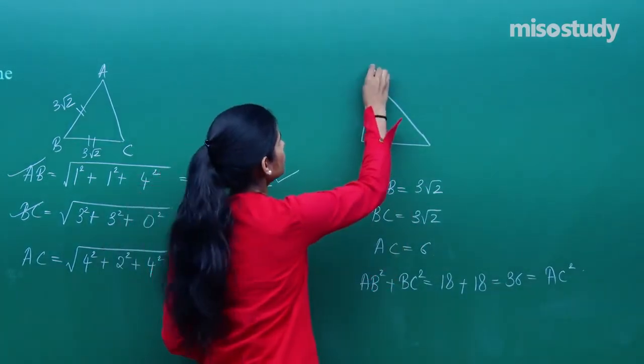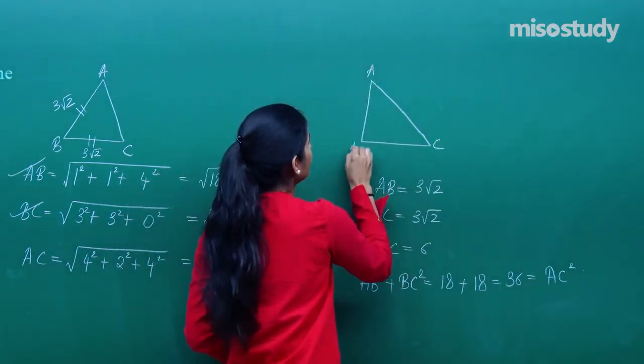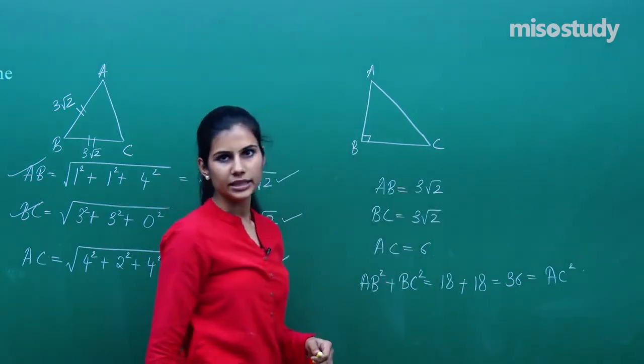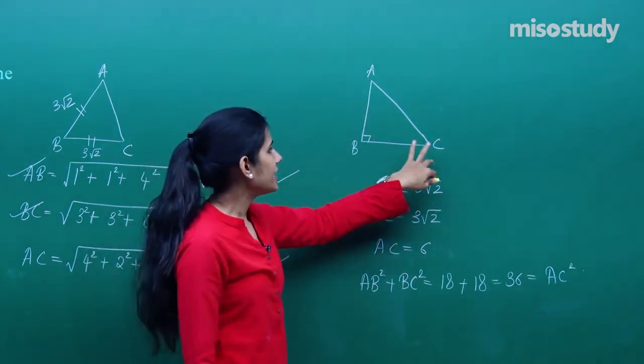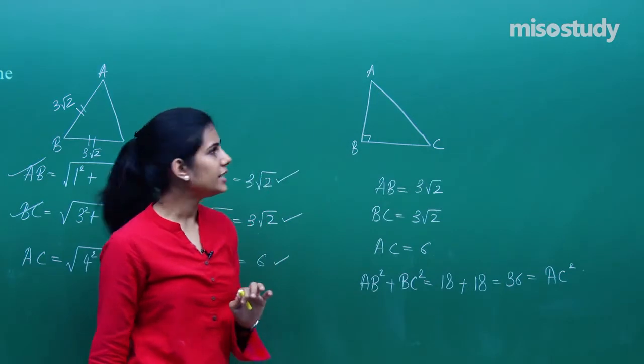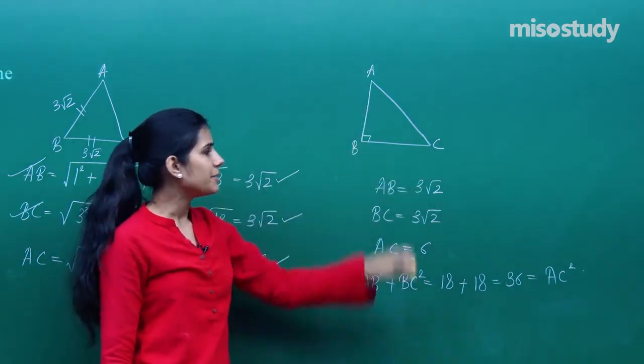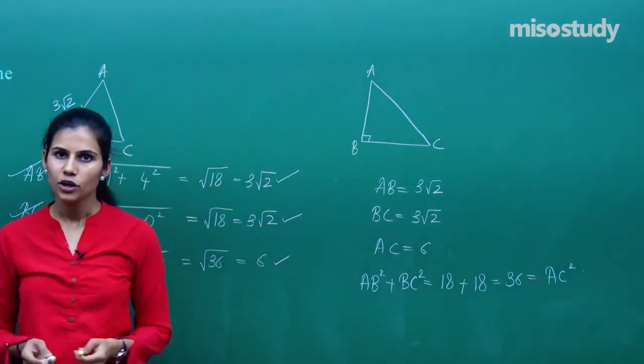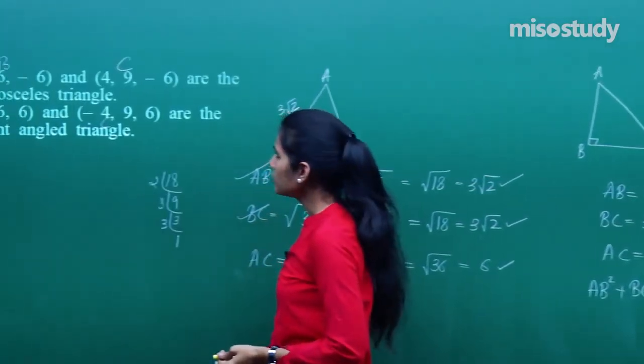So hypotenuse will be AC and the triangle will be right angled at B. So ABC is a right angled triangle, right angled at B. AC is the hypotenuse, BC is the base, AB is the height. Everything you know. Okay? Let's talk about the next question now.